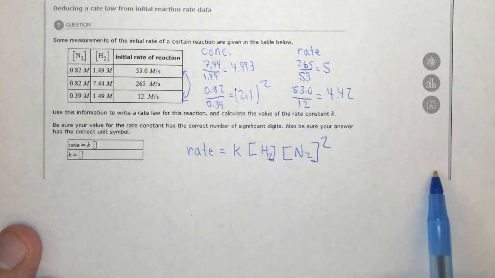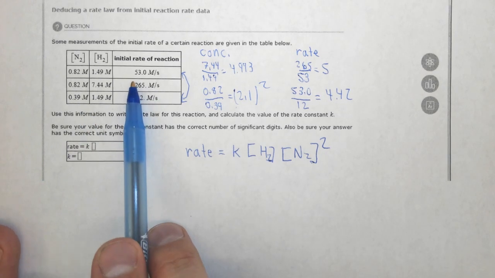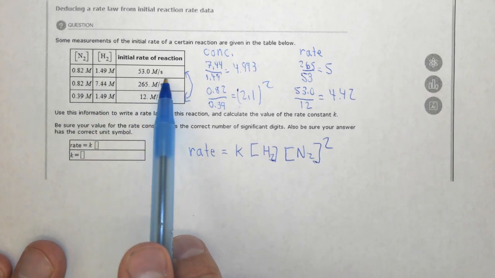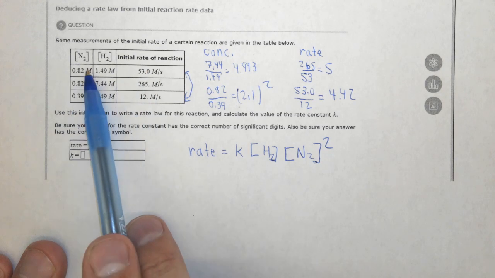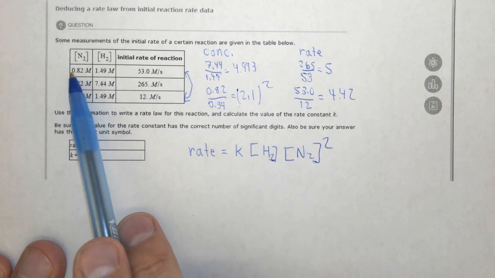So now I have my rate law. Now to find my rate constant, I just want to plug in any of the values. It makes no difference, but I'm going to use the first one. Don't jump across. Don't pick this one and this one. Just stay consistent. So I'm going to use these values.